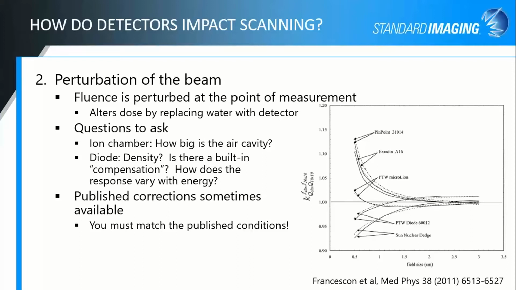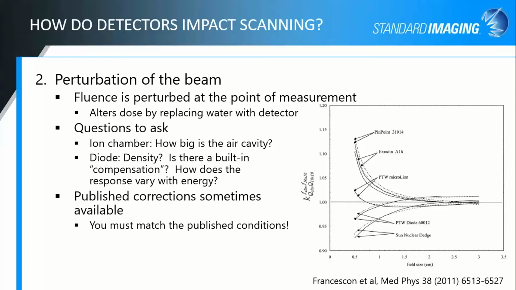This is usually an air gap next to the higher density diode, trying to balance out that higher density region with an adjacent low density region. This can be good, this can be not so good, depending on your diode, how well it's characterized, and whether that compensation is designed for the energies at which you're using it.